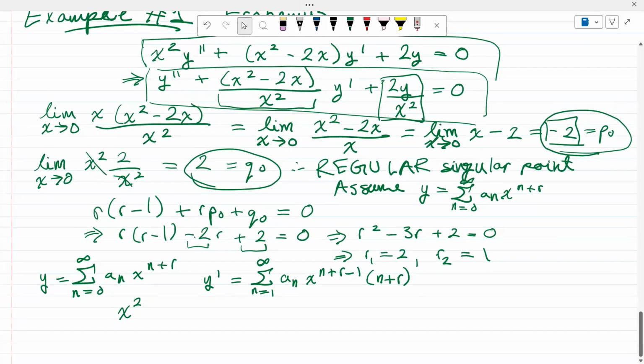Then we also know that y double prime will be equal to the series from n equals 2 to infinity of an times n plus r times n plus r minus 1 times x to the n plus r minus 2.